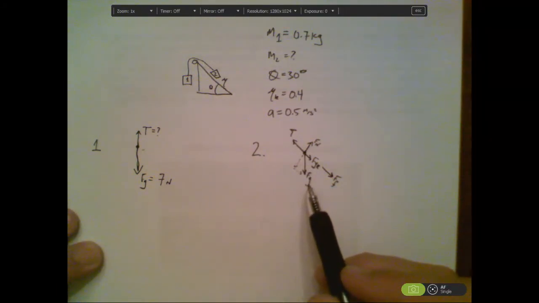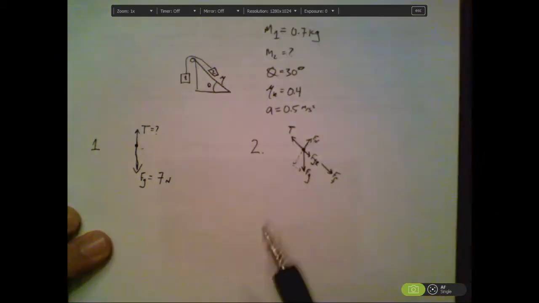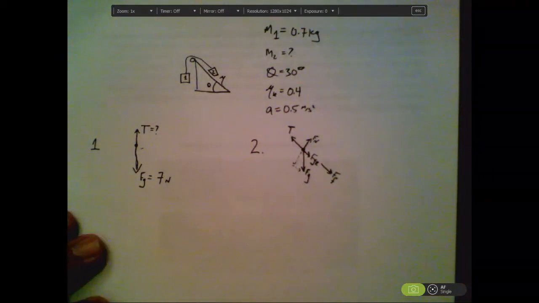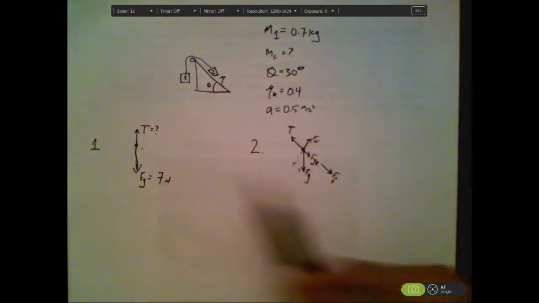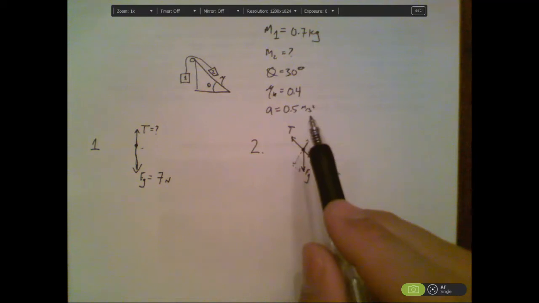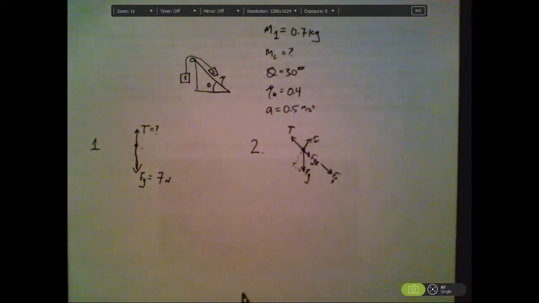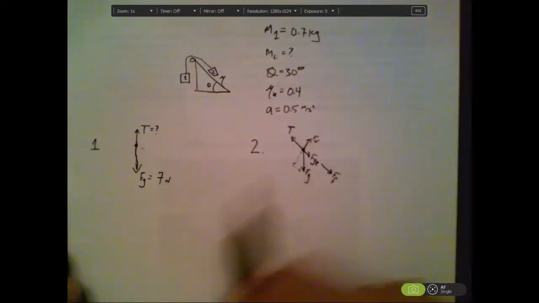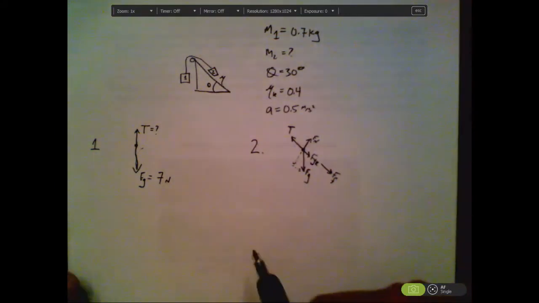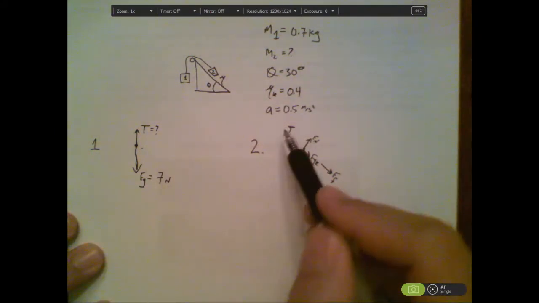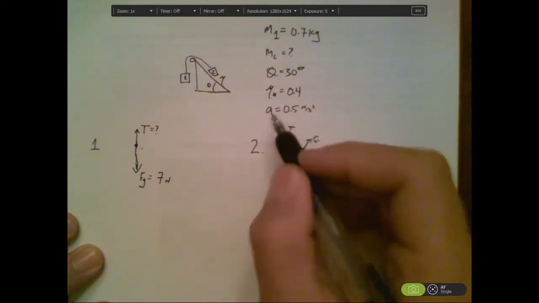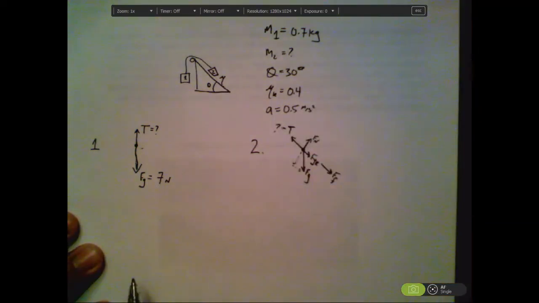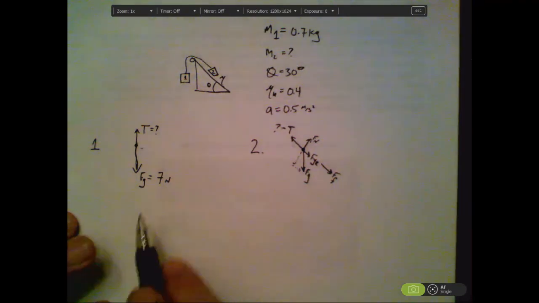So if we're looking at this like we did with the one on a flat table or even on a pulley, basically we need to find out what is causing the acceleration. We know it accelerates at 5 meters per second squared. So if we consider the external forces, meaning let's forget about tension for just a little bit, what are the external forces acting on this?